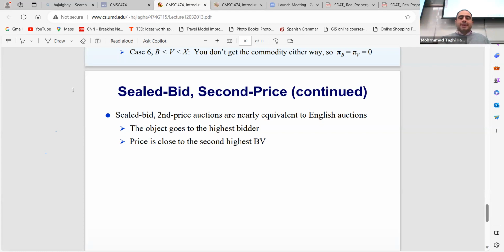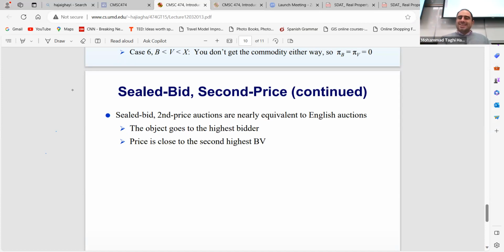So the sealed bid second price auction is nearly equivalent to the English auction. Again, not completely the same, because there, for example, you need to go at least $10 up, but here maybe your actual valuation is just $1 up. There are some other differences.